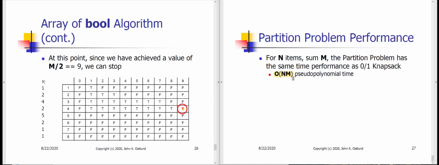So we just call this order of nm. M does not directly depend on n. M is really independent of n, and consequently this has what we call pseudopolynomial time, because one of the parameters is not dependent on the number of items that we're considering. Alrighty, so that is that one.